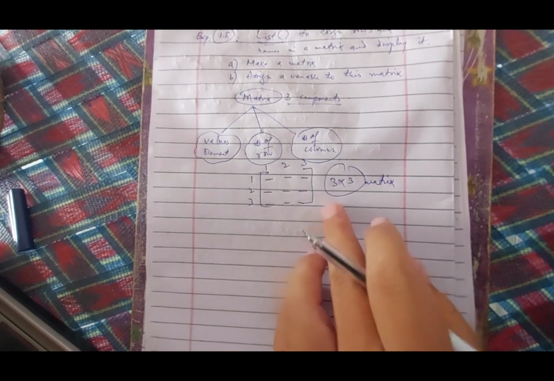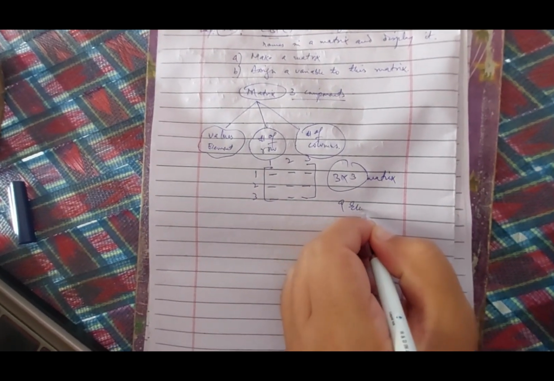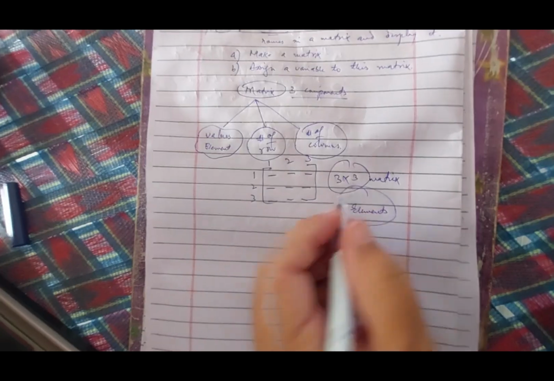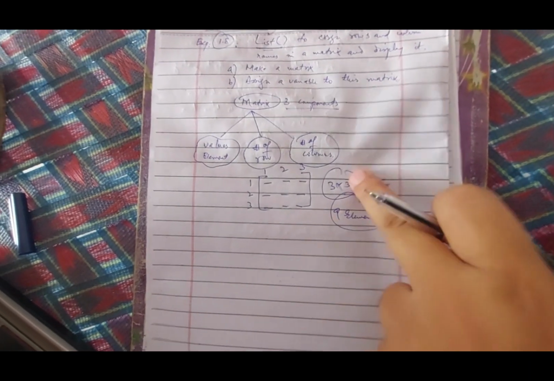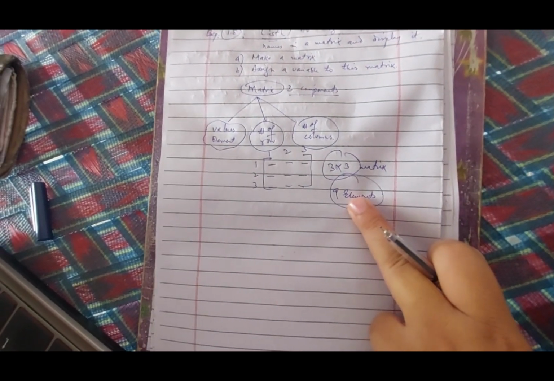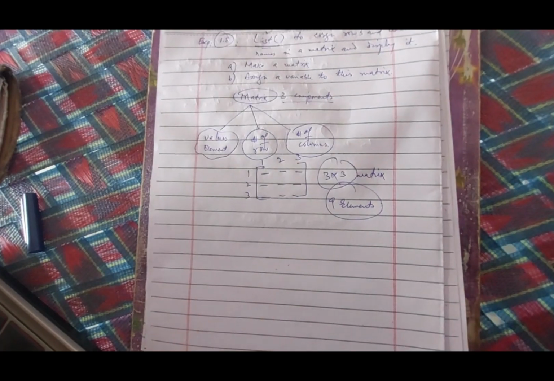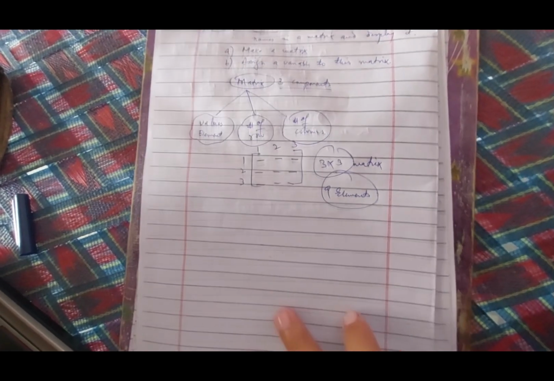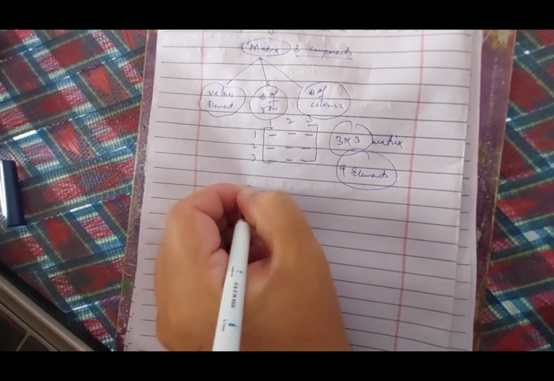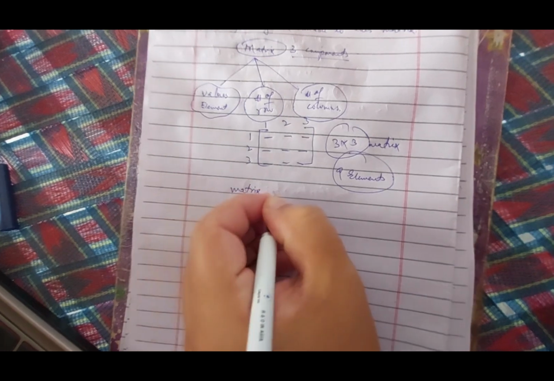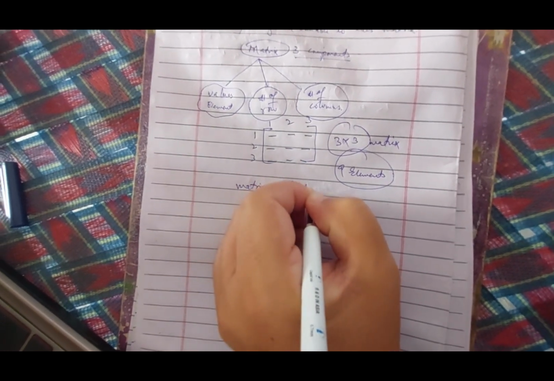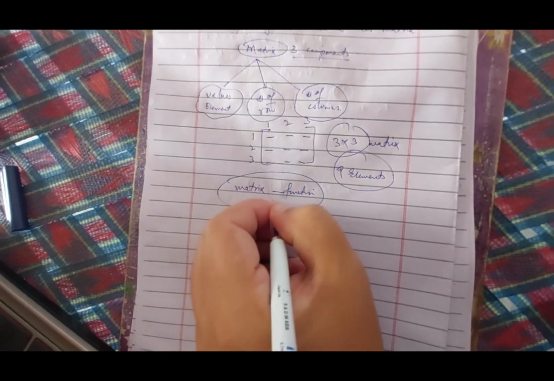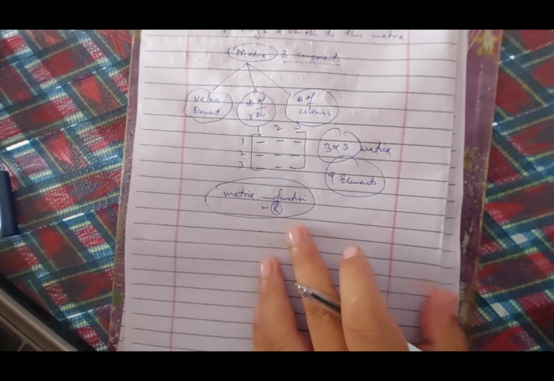It will have 9 elements in total. So in R you have to define the size and the elements. For this we have a matrix function in R, which we will use to make a matrix.